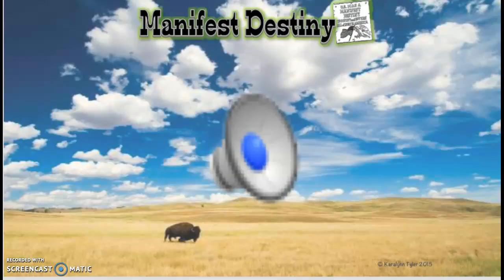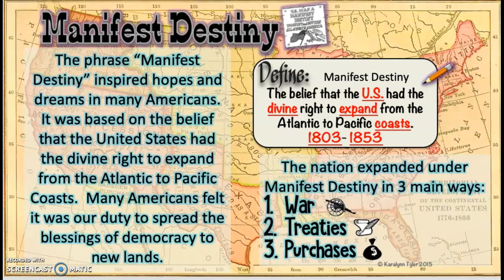So the term manifest destiny, as you can see in your packet, comes from a newspaper journalist in 1845 who first used the term, which came to be used by many Americans in looking back at this time period from 1803 to 1853.